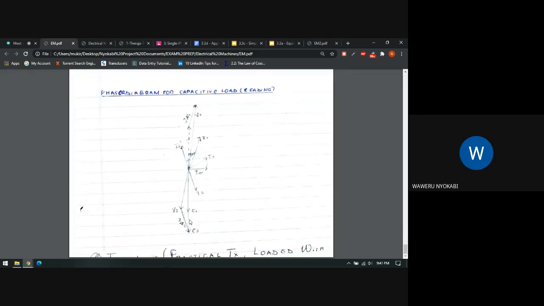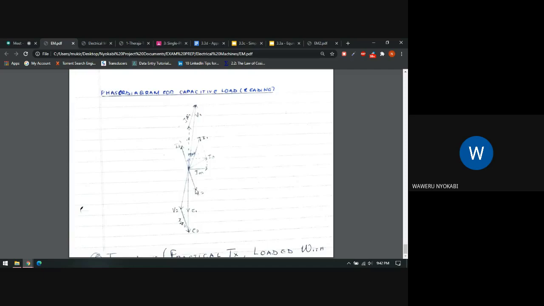So I2R2, the one you see here, has I2, meaning if you were to draw this, first of all it should be parallel to I2, and the magnitude will be dependent on R2.